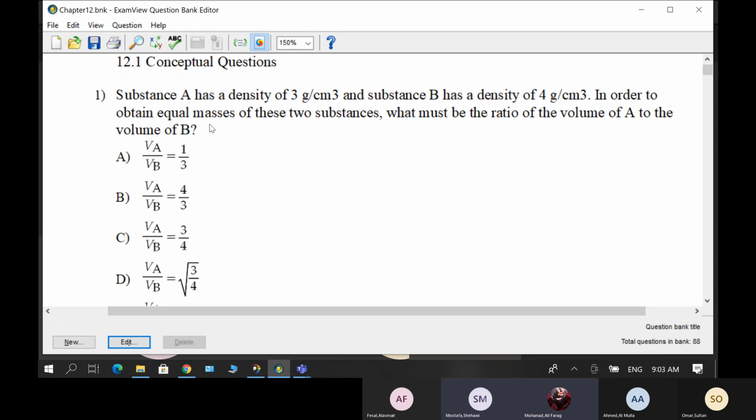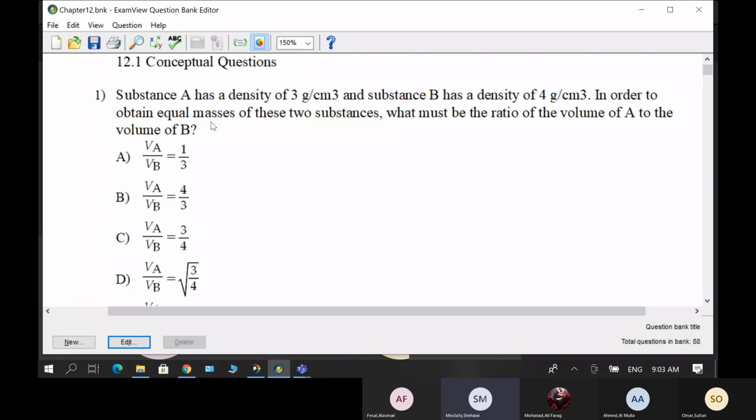Question 1. Substance A has a density of 3 grams per cubic centimeter, and substance B has a density of 4 grams per cubic centimeter. In order to obtain equal masses of these two substances, what must be the ratio of the volume of A to the volume of B?